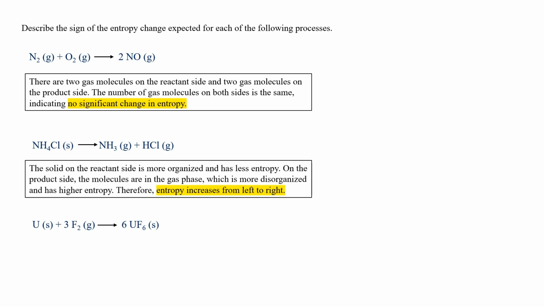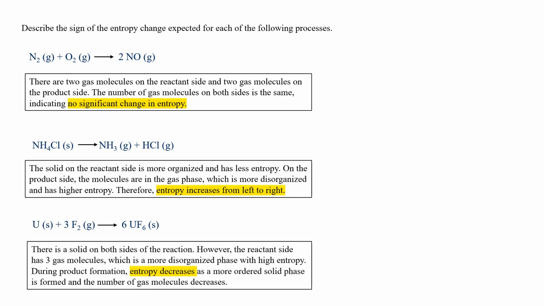Next reaction. Uranium is a solid phase. Uranium combines with gas phase fluorine and produces uranium hexafluoride in the solid phase. Now, is the entropy of this reaction increasing or decreasing? You can see solids on both sides. The uranium is a solid and the uranium hexafluoride is a solid.